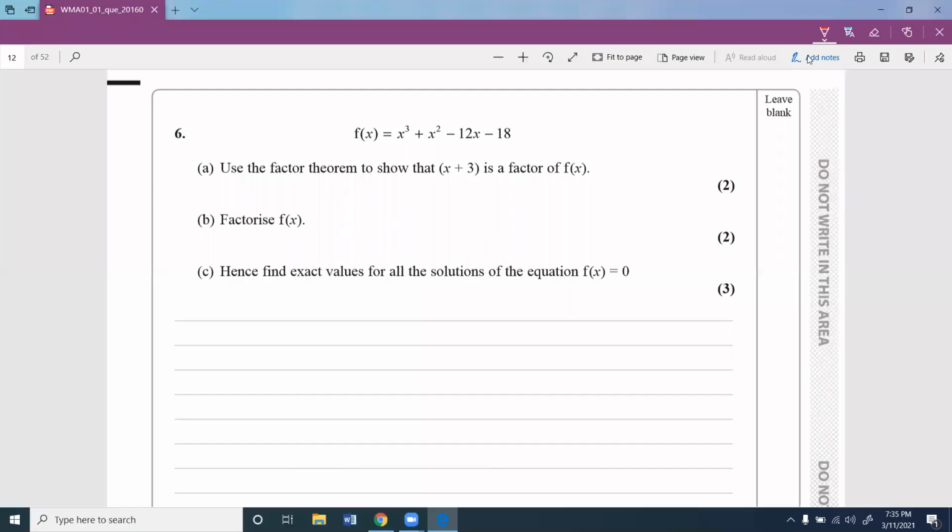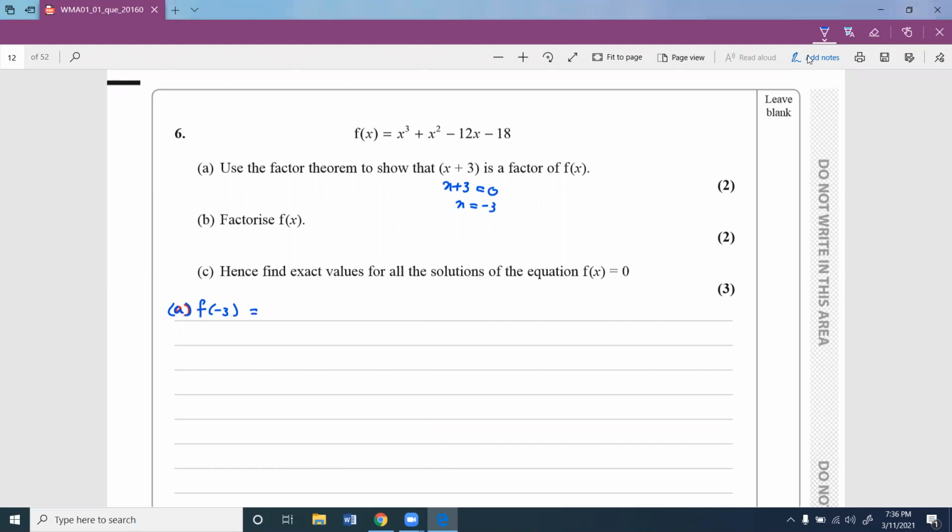Right. Then if you want to do this question, use the factor theorem to show that x plus 3 is a factor of f(x). What the factor theorem says, if x plus 3 is a factor and you substitute x plus 3 equals 0, that is x equals minus 3, the answer for this substitution of minus 3 should be 0. So we'll just check with that.